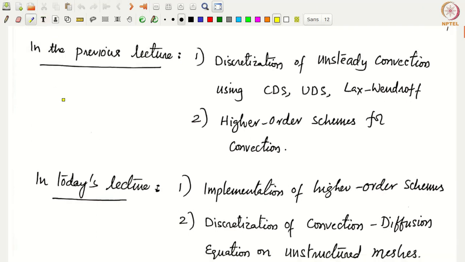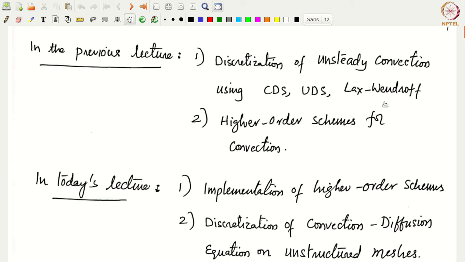So in the previous lecture, we looked at discretization of the unsteady convection equation using the central difference scheme, upwind difference scheme, and a Lax-Wendroff scheme, which was a fix for the central difference scheme, isn't it? All right, so we looked at discretization and the several properties associated, and how the exact solution compares with the solutions obtained from these schemes.